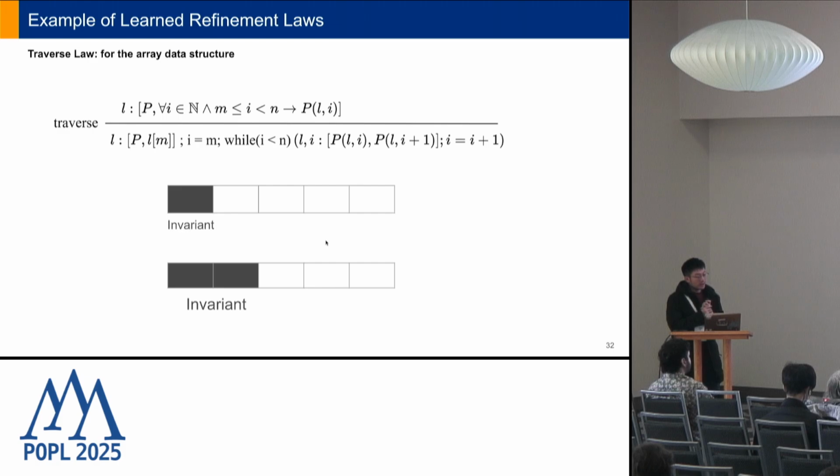So we can give an example of the learned refinement laws. For example, the traverse law for irregular structures. Initially, if we want to tackle an array structure, we need to first set the first element as the invariant and gradually increase by 1.